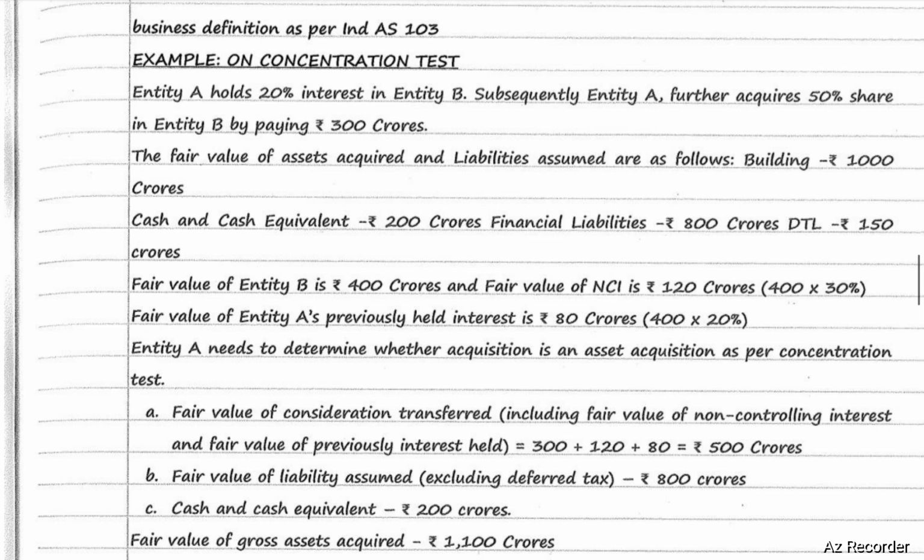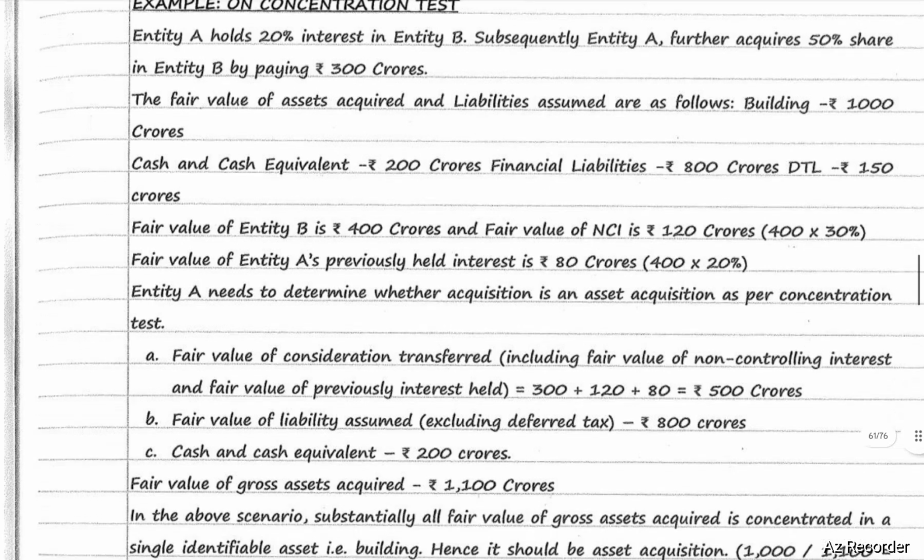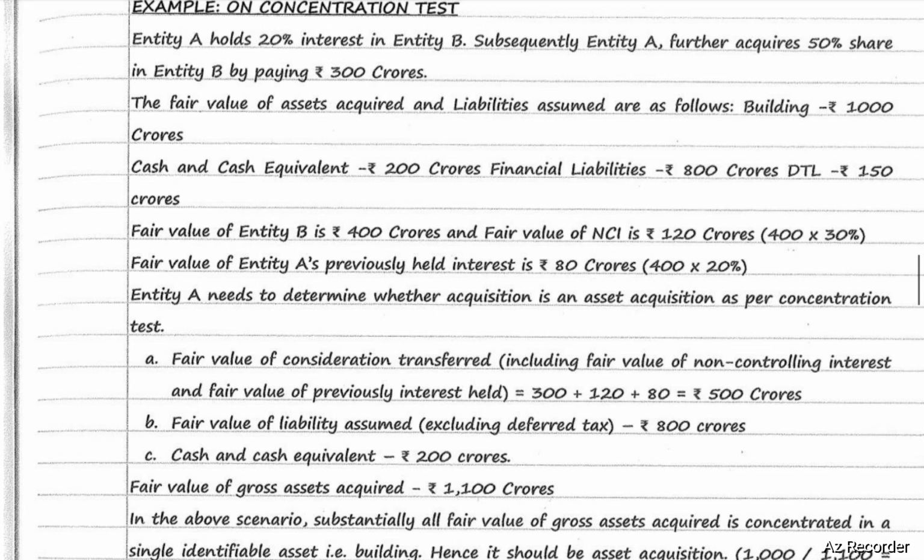That is 500 crores. And fair value of liabilities assumed, excluding deferred tax, that is 800 crores. Cash and cash equivalents, 200 crores. Therefore, total fair value of gross assets acquired is 1100 crores.